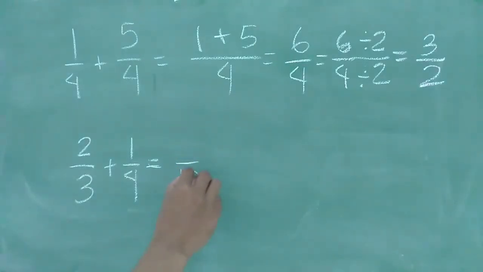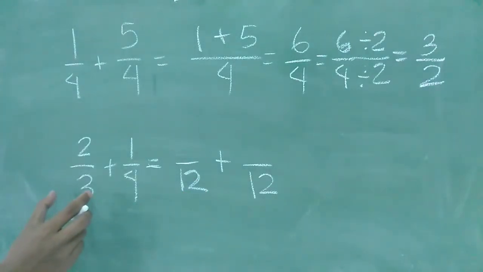So in here, we will have the new fraction. In this case, we are going to rewrite the 2/3 to its new denominator 12.